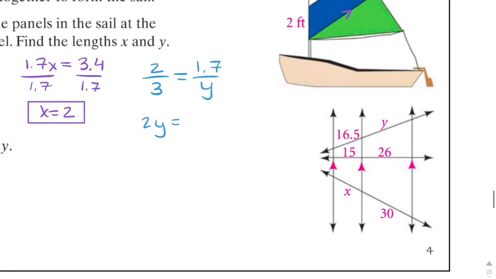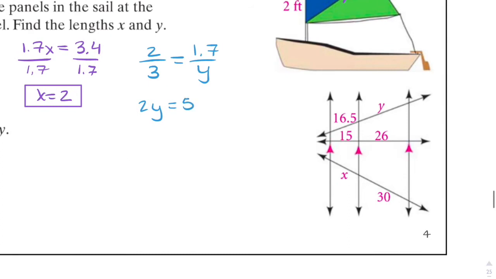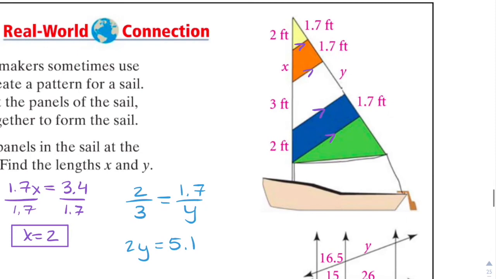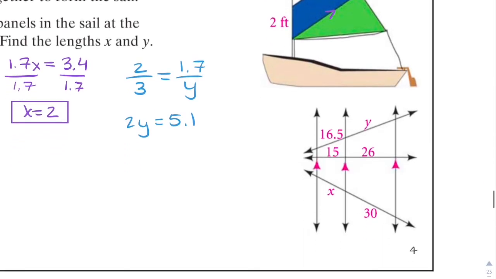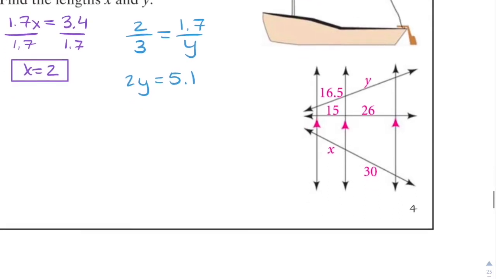Sorry, wait. 3 times 1.7. Yeah, 5.1. So 5.1 divided by 2 is 2.55. So y is 2.55 feet.